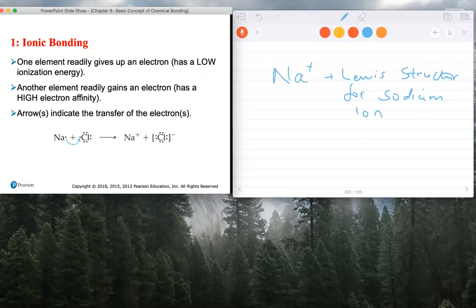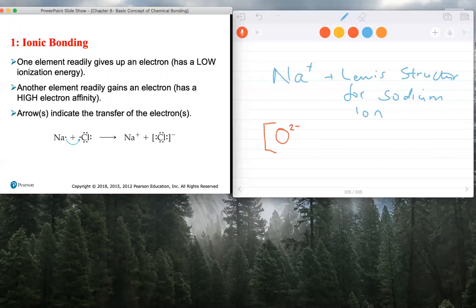All anions are negatively charged. When they gain electrons, you use parentheses to indicate that there is an overall charge of negative, showing that extra electron has been added to the atom. If it is oxygen, you're just going to have -2.